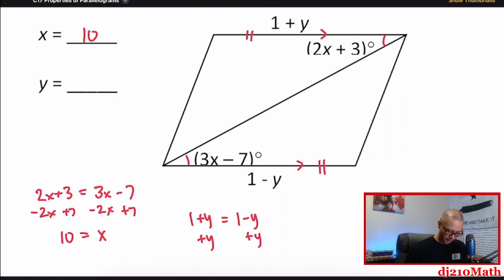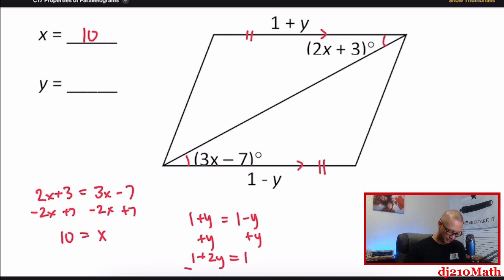Oh no, what's going to happen here? Do you see it? I feel like there's a mistake. This is going to be 1 plus 2y is equal to 1. Y has to be 0 in this case.